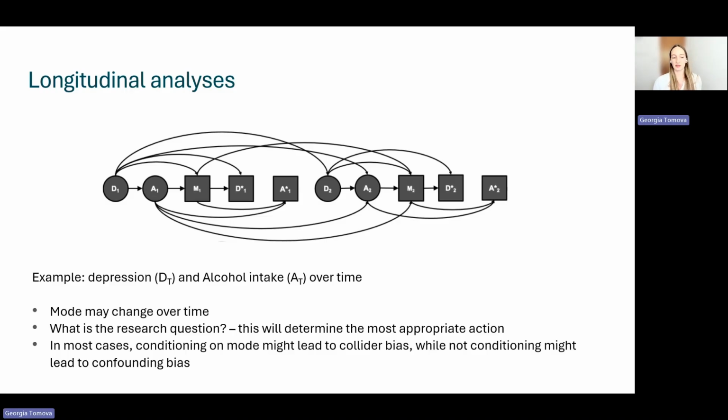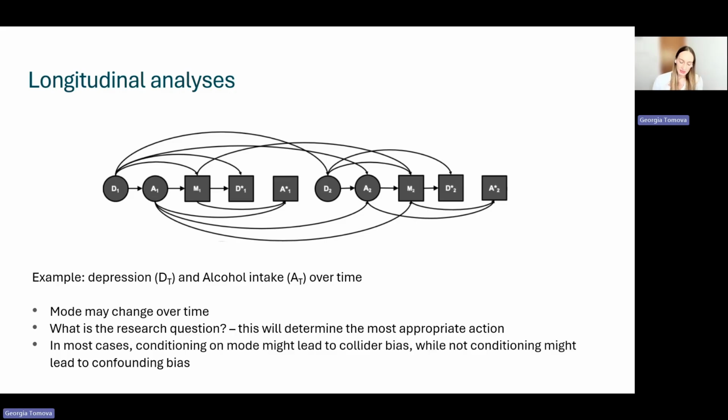So you always start with trying to figure out the exact research question, which are the 2 variables that you're interested in. This will then help determine the most appropriate action. What needs controlling for? How does mode exactly relate to the specific 2 variables that we're interested in? Is there any risk of collider bias? Are there any problems that we can run into if we decide to control for mode?